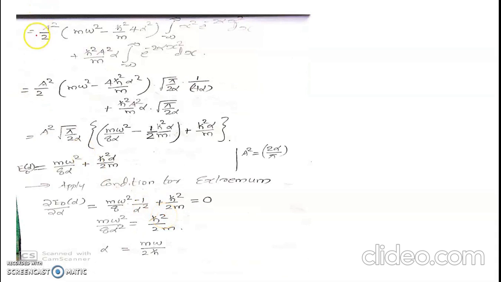That is a square by 2 into m omega square minus h bar square by m for alpha square integral minus infinity to infinity x square e raised to minus 2 alpha x square dx plus h bar square by m a square alpha integral minus infinity to infinity e raised to minus 2 alpha x square dx. That is a square by 2 into these terms are repeated.